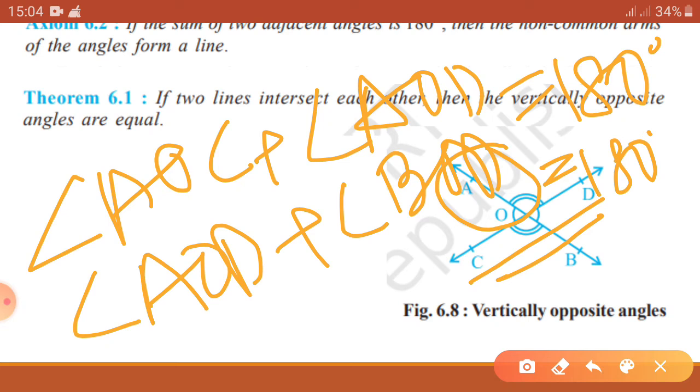We can say angle AOC plus AOD equals 180 degrees from the linear pair axiom, and also angle AOD plus BOD equals 180 degrees.